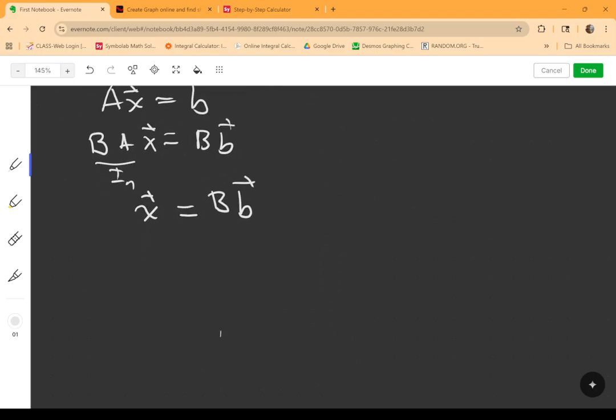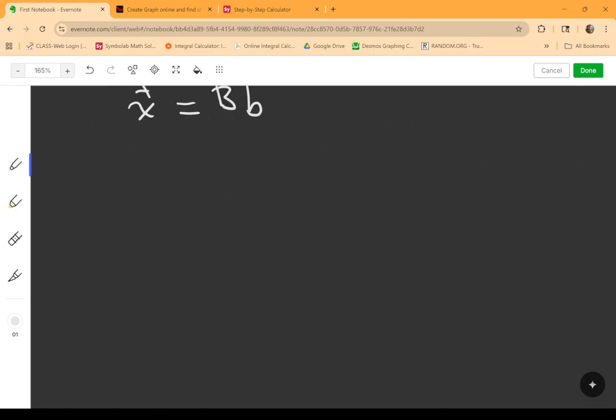Well, let's first define formally what a matrix inverse is.